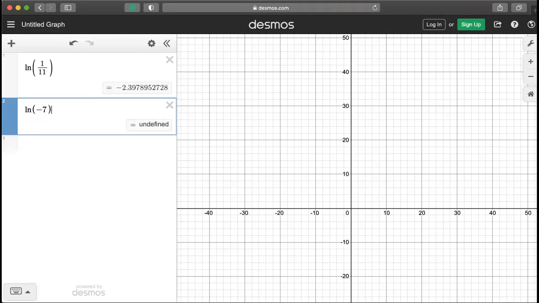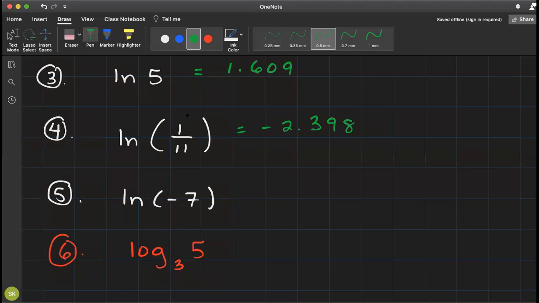And that means I can't plug anything less than or equal to 0 into a log. And so your computer knows that, any calculator knows that, so you can't plug in negatives. So that's why we got something undefined. So let's go back to our notes. You can say undefined or does not exist. I think I'm going to put does not exist.